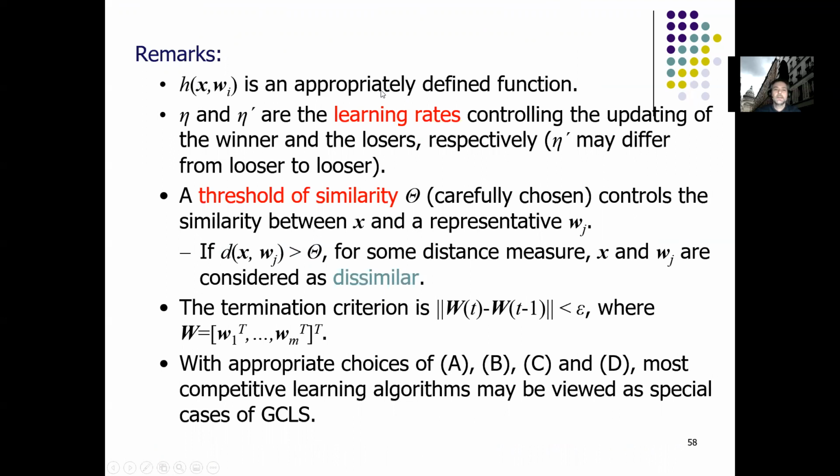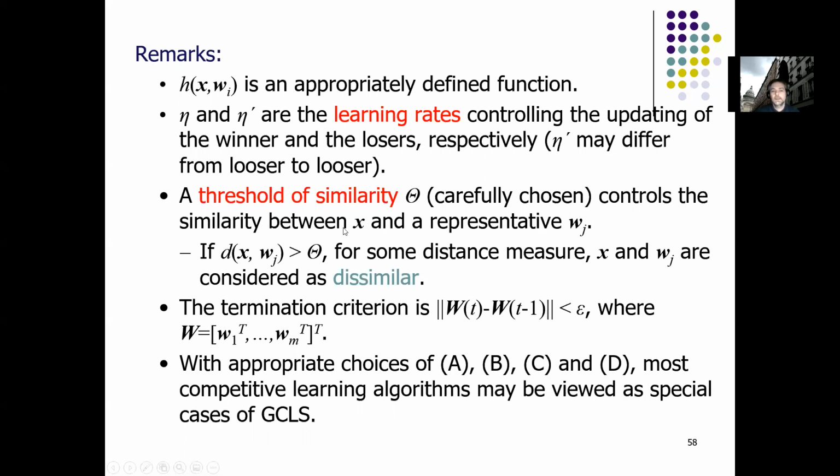There are different functions that one could use to calculate the corrections. It's possible to use different learning rates, different for the winners and different for the losers. And that helps a lot in terms of convergence.